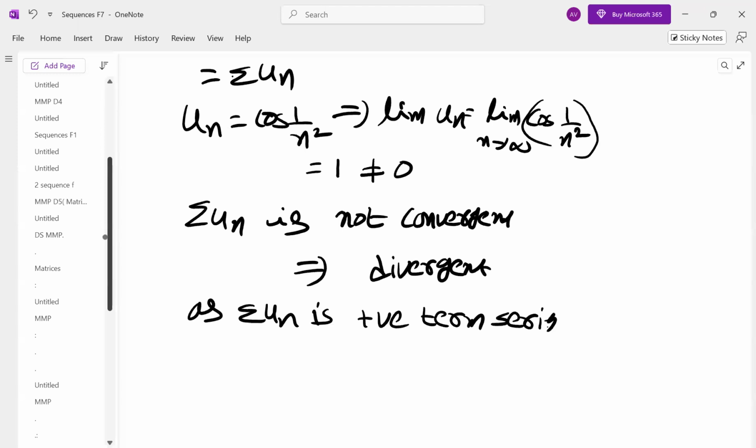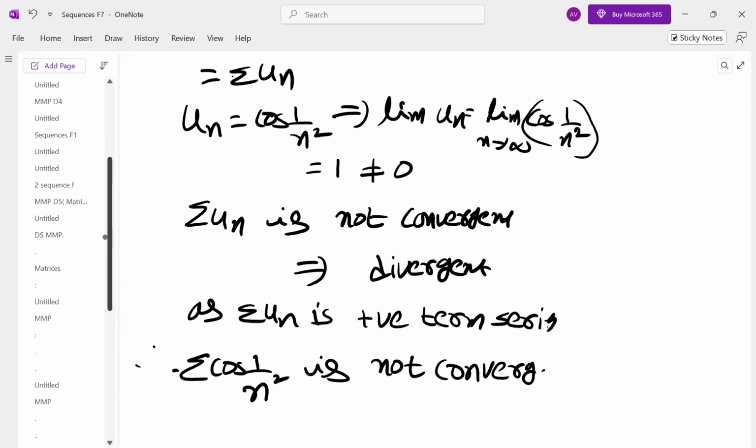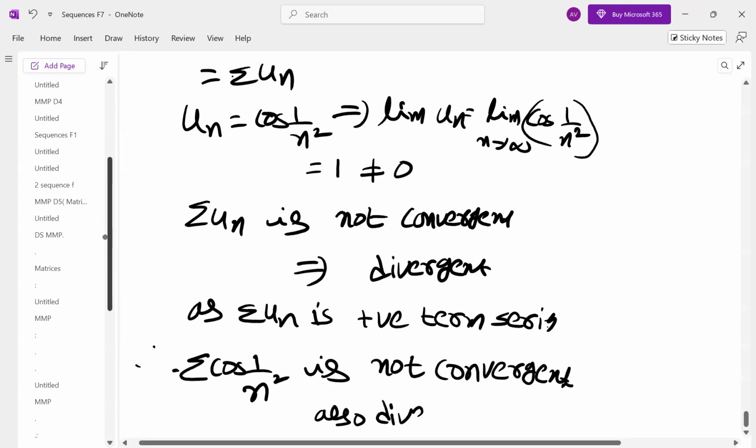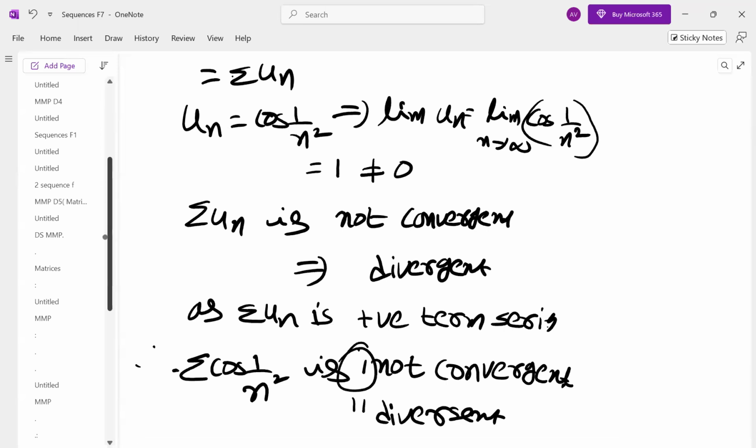So summation cos 1 by n square is divergent. Not convergent is correct, divergent is also correct. This is also one more conclusion. Based on the options, both are correct. Next.